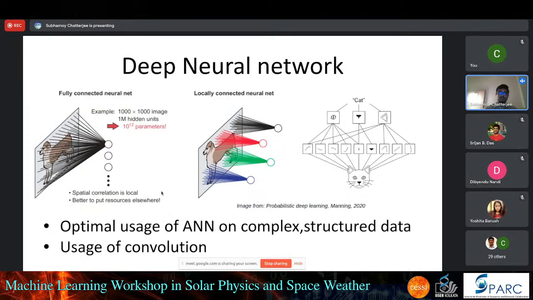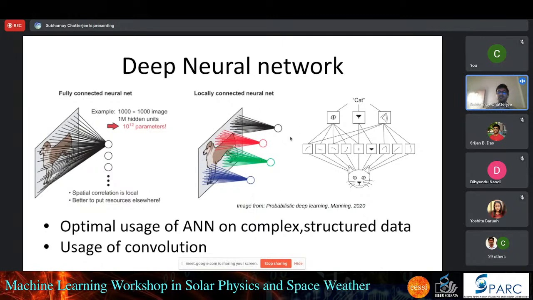Instead, what scientists found is that rather than connecting all the pixels in the image to a neural network node, you can use parameter sharing with a limited field of view, which is convolution. The idea behind that is that images are locally structured data, so you don't need to see the entire image to find relevant features.